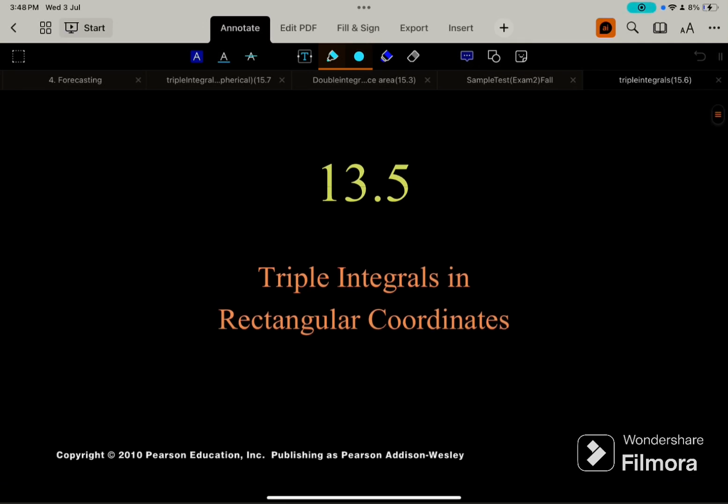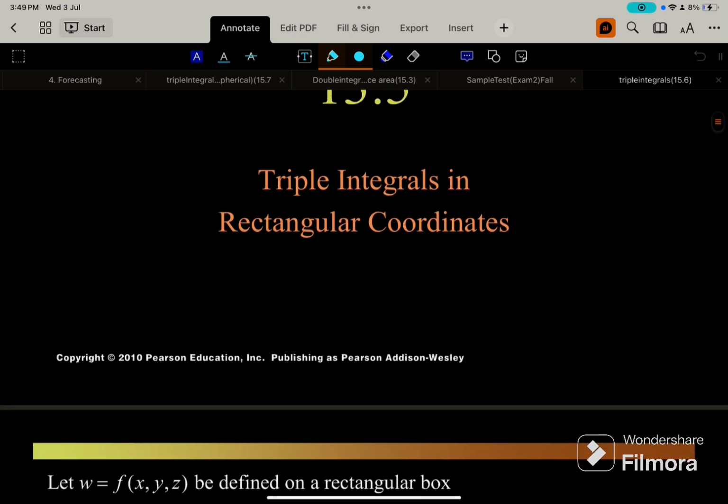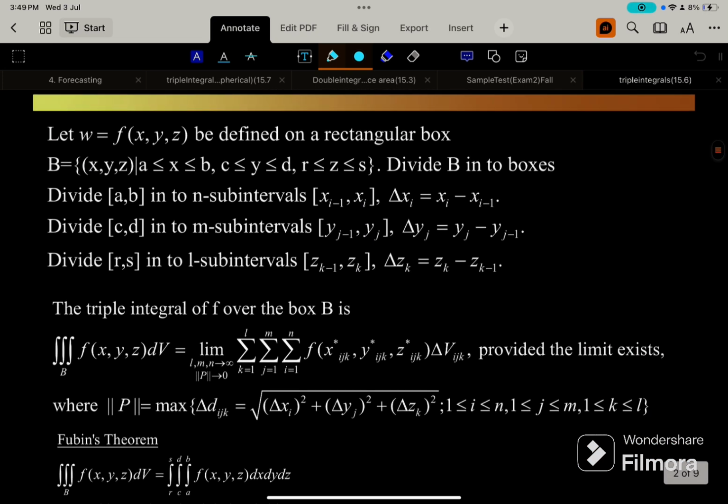Today we're gonna cover the triple integrals in rectangular coordinates. So let's say we have a function w equals f of x, y, z, and let it be defined on a rectangular box. So let's imagine a rectangular box and let it be defined on that box.